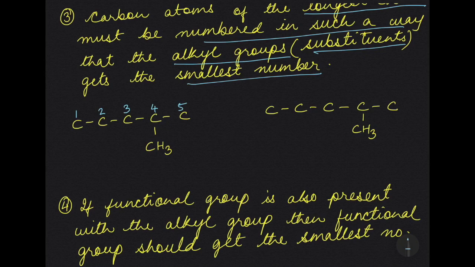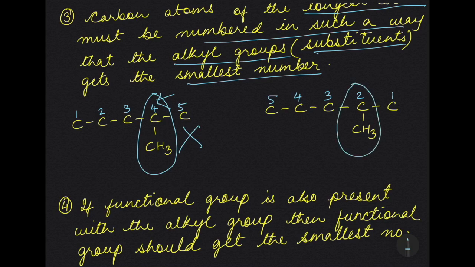You can number from here, 1, 2, 3, 4, 5. That means this is getting a larger number 4. So this is wrong. And this is getting the smaller number 2. So this is correct. Remember, the substituent group must get the smallest number.